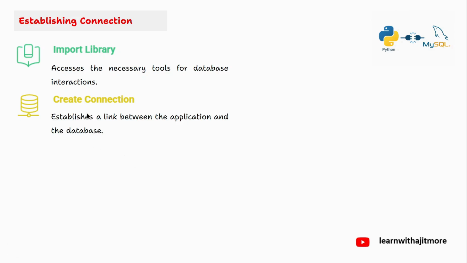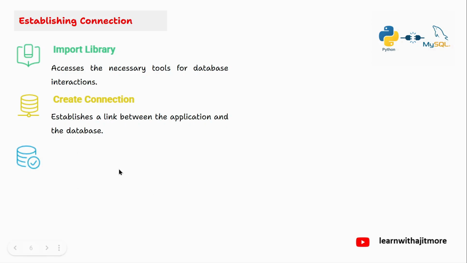See here, it establishes a link between the application and the database. They will follow some protocol, because whenever two entities communicate, they have to follow some protocol. Protocol means some set of rules.